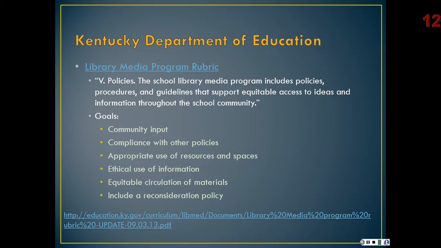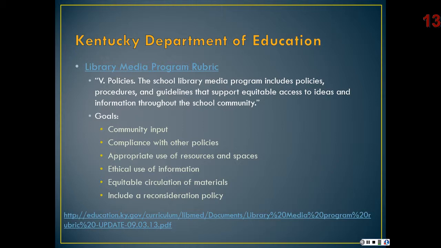They should also include acceptable use of technology. Often libraries have computers available for students to use, and it's important to have in that policy a statement about how those computers are to be used, what sorts of sites are to be accessed, all that sort of thing. The policy should also promote ethical use of information.